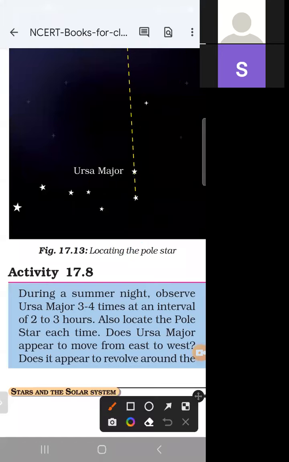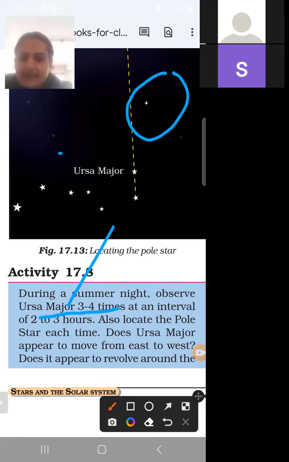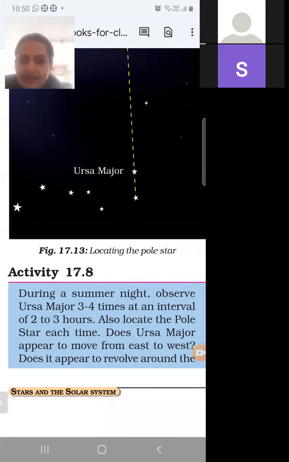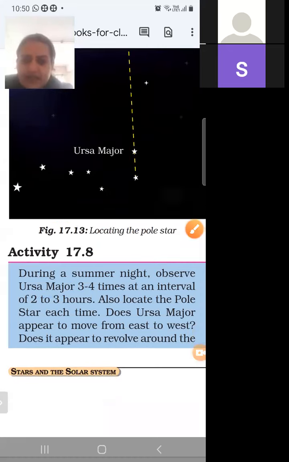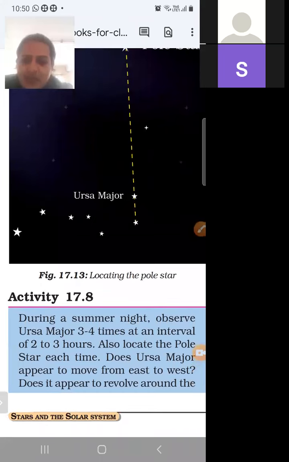During the summer night, observe Ursa Major 3 to 4 times. We observe Ursa Major in the sky for about 2 to 3 hours, and then we will find the pole star.